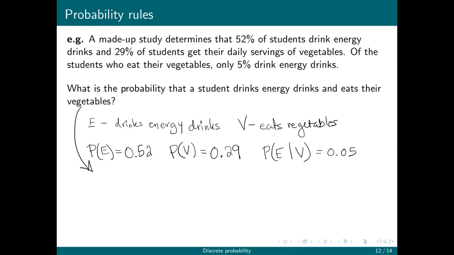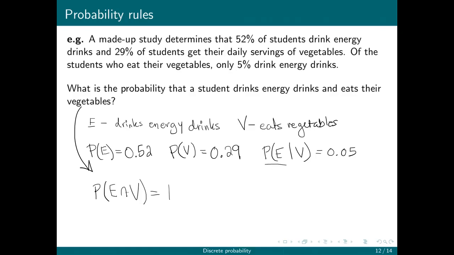So the question asks, what is the probability that a student drinks energy drinks and eats their vegetables? So that's the probability of E and V, which is, I have a choice here.